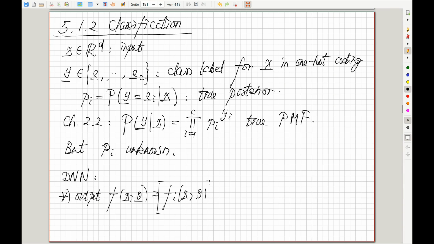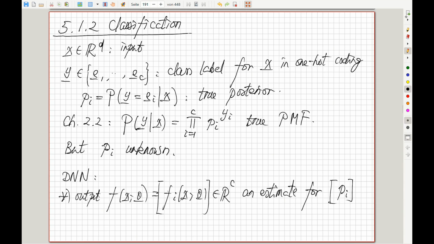It's a vector notation. It is also a C-dimensional column vector. It is an estimate for the unknown probability vector, the unknown probabilities with the elements p1, pc, and so on.